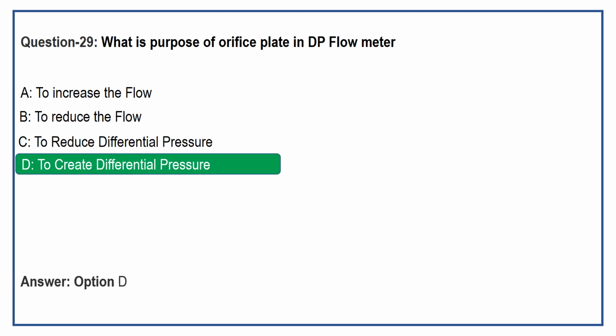And the right answer of this question is option D, to create the differential pressure. Yes friends, in differential pressure flow meter, the orifice plates are used to create the differential pressure in the pipe. So the right answer is option D.